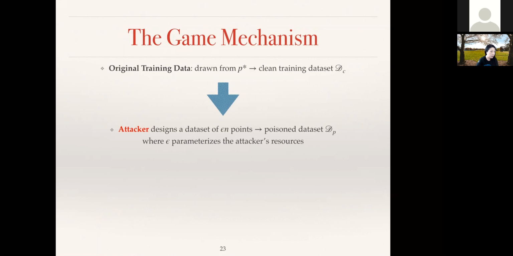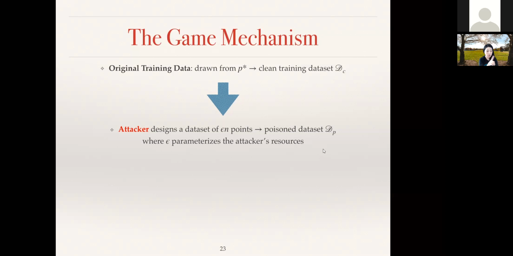This is very important: epsilon multiplied by n. The original number of examples in your training data set is n. Of course, this paper doesn't use small m, which is what we're used to in learning theory, but uses small n to denote the number of examples in your training data set.